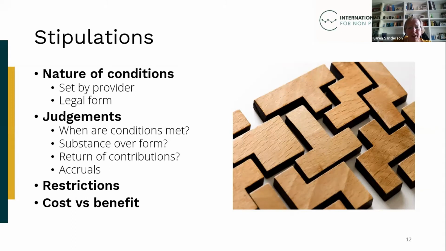So restrictions set out how resources can be applied at a more general level compared to specific conditions, which are another kind of stipulation. So guidance might be required on materiality, as well as considering costs against the benefits of tracking contributions with stipulations attached to them. So that's a really real issue here.